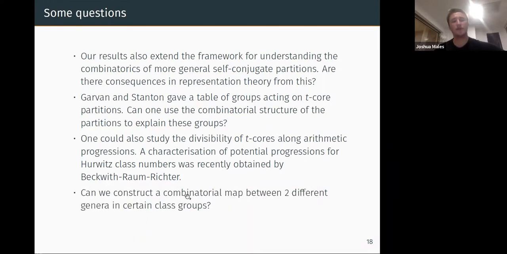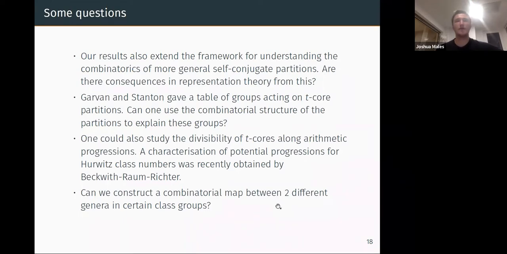is also one I'm looking at with Zach: can we construct a combinatorial map between two different genera? Where does this come from? In our paper, we construct some non-principal genus in the class group. But in the original paper of Ono-Tse in 1997, their map maps to the principal genus.